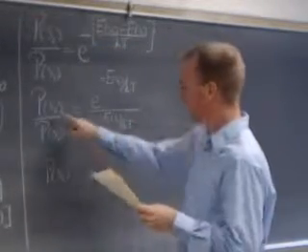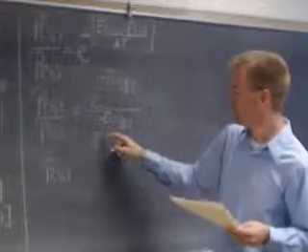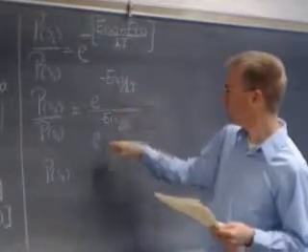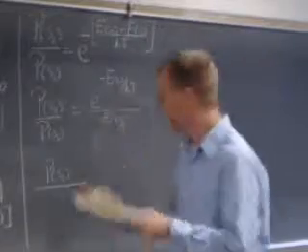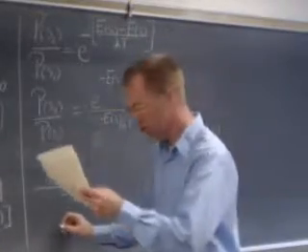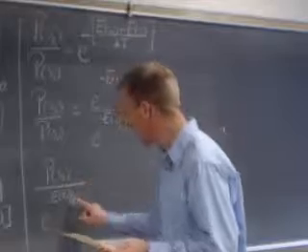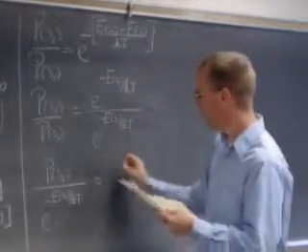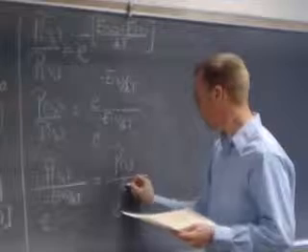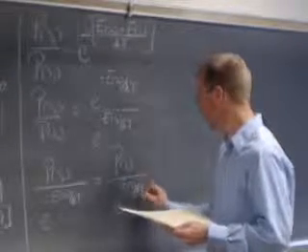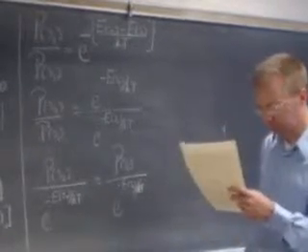If the S2s now are in the numerator, the S1s in the denominator, so if I divide both sides by this, and I multiply both sides by that, what I come up with is probability of state S2 over e to the minus energy of state S2 over kT equals probability of the system being in state S1 divided by e to the negative energy of S1 over kT again.